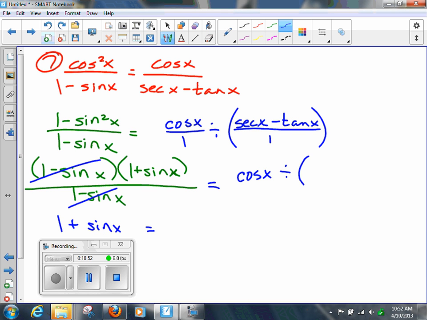What am I going to do with secant and tangent? What's going to happen now? What are you noticing? Talk to me. Common denominators. Let's keep looking. Cosine x divided by, I'm going to smush them together.